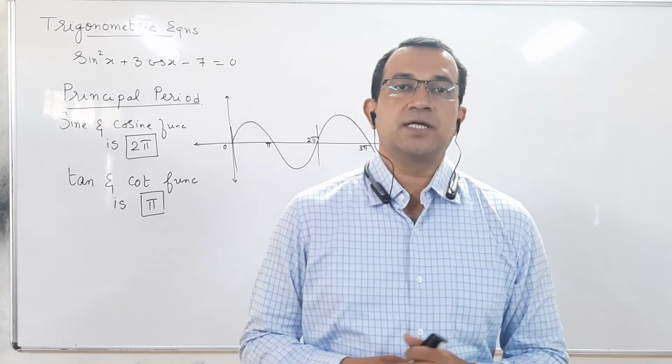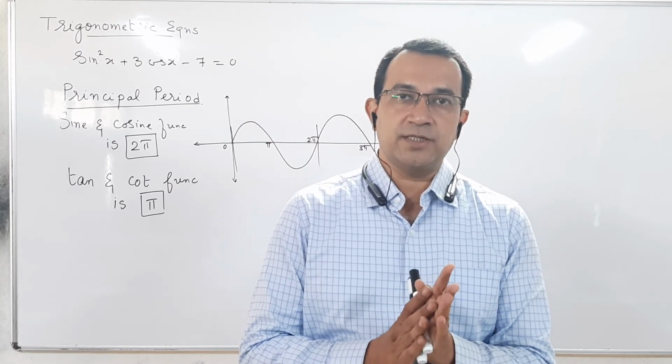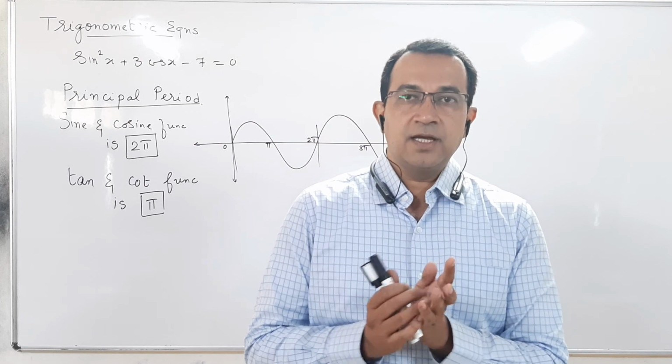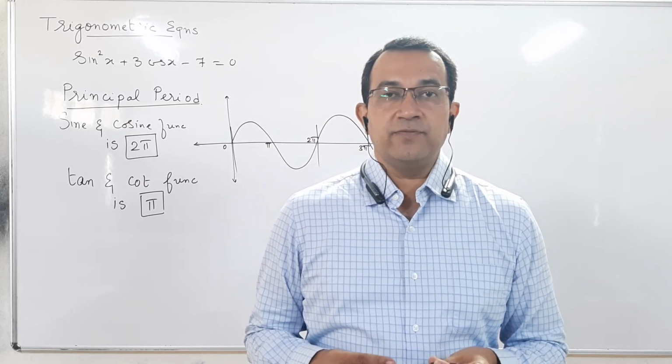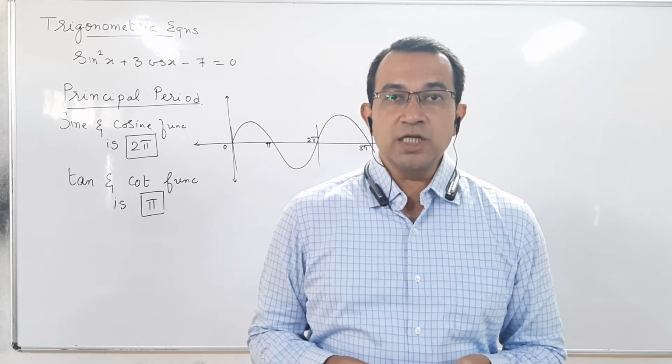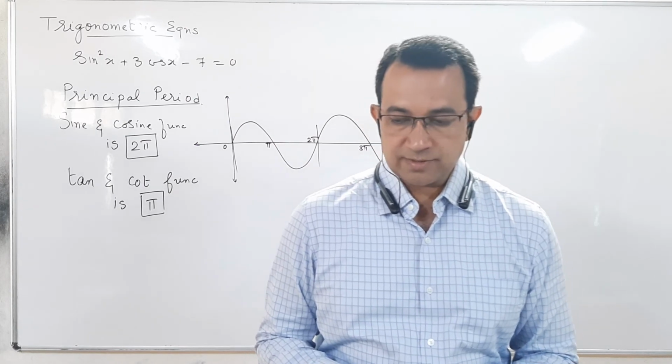Means what? The graph of that function repeats after that much interval in terms of angle. So, students, we have to be very careful when we are dealing with solutions of trigonometric equations.